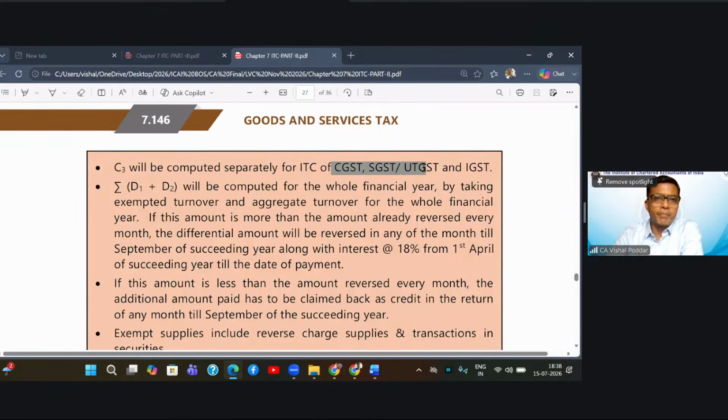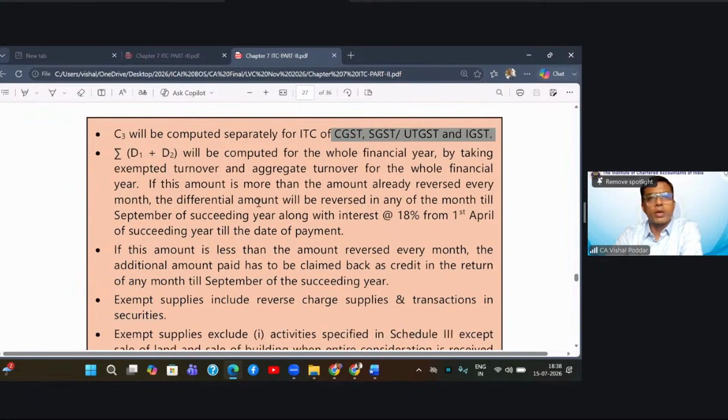So on your inward supply, you have different taxes paid. So you have to do this calculation for each tax. It means these calculations will be done firstly for CGST, then for SGST, and then for IGST. Second, this D1, D2 will firstly be calculated every month, because every month you are having that, and then it will be calculated for the whole financial year.